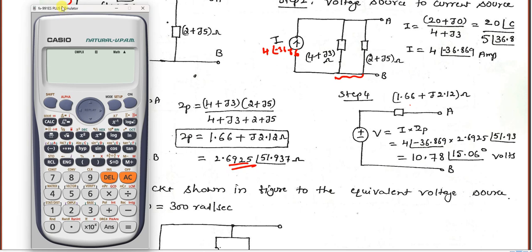To multiply, you have to take complex mode. Now the current is 4 at an angle minus 36.869, multiplied by the impedance, 2.6925 at an angle 51.93.